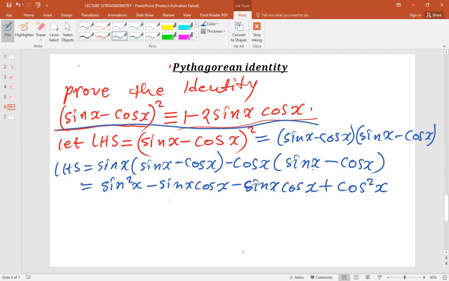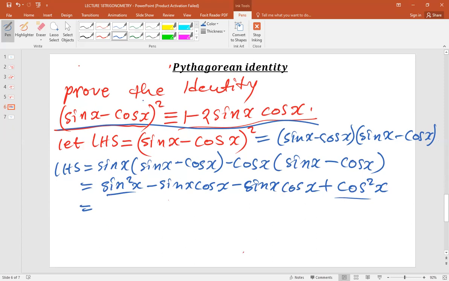So from here, what you can do is pair what you know, the identities. From this equation, I can see this one and this one. If I put them together, they will give me a 1 from the Pythagorean identity.